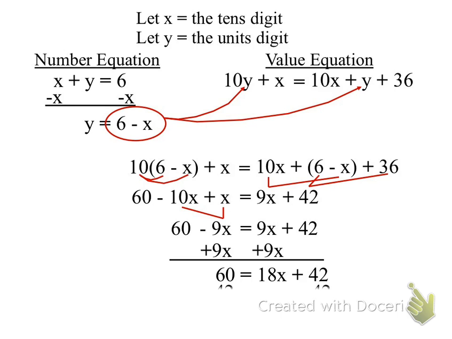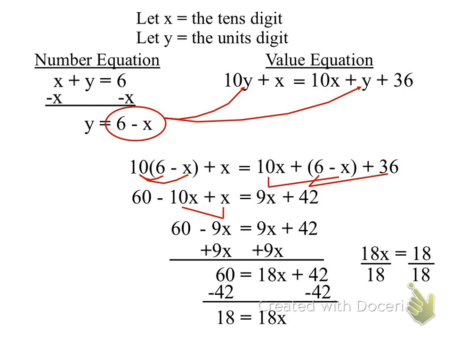So then I'm adding 9x. Get all my x's now to one side. I end up with 60 equals 18x plus 42. Subtract 42. Divide both sides by 18. And x is equal to 1.